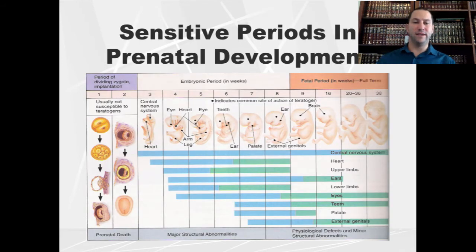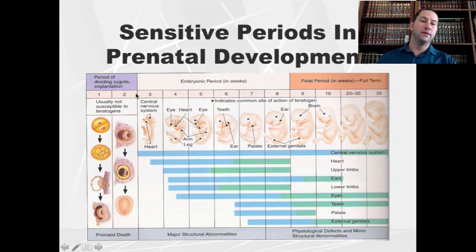So let's look at this. So here we have, in purple, the zygotic stage, weeks 1 through 2, right? There's fertilization, then cell division, split. Eventually it latches onto the uterine wall. Exposure to a teratogen will flush the system usually, and that results in prenatal death.